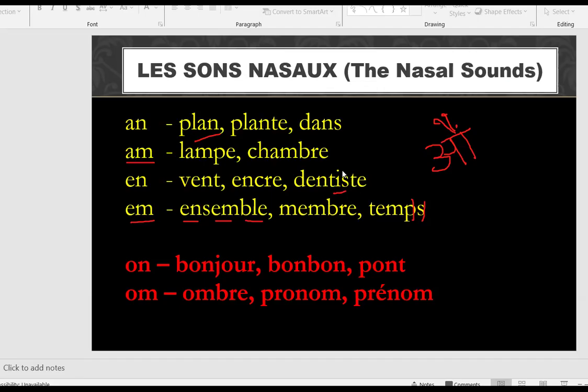Is there any confusion in the sound? No, ma'am. So we move to the next sound. This combination ON and OM. Now the sound is a small O, while the earlier one was the big O. Now how do you pronounce this?